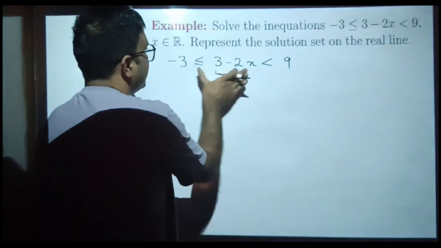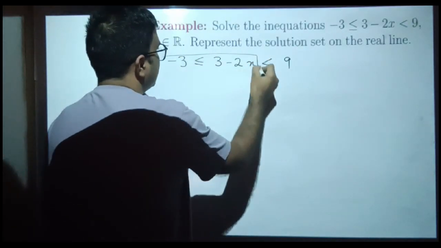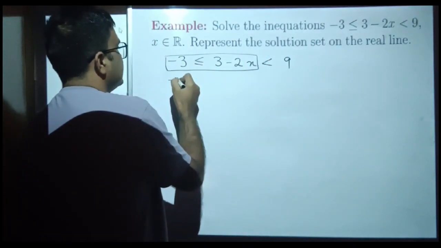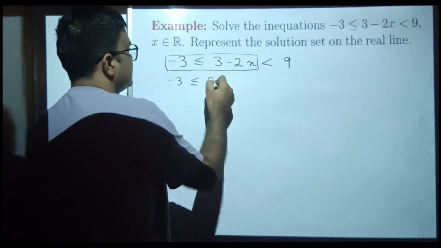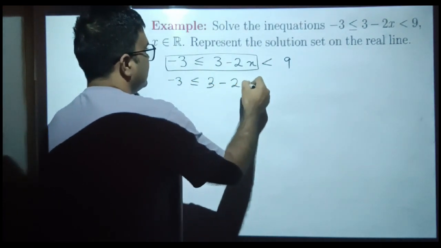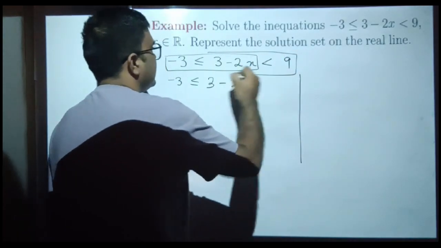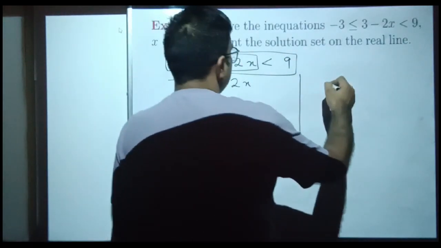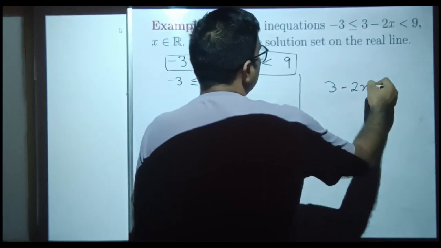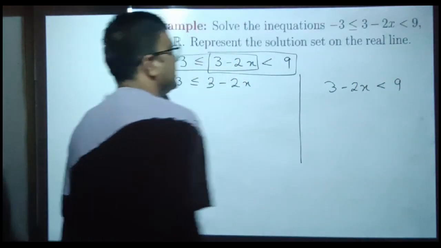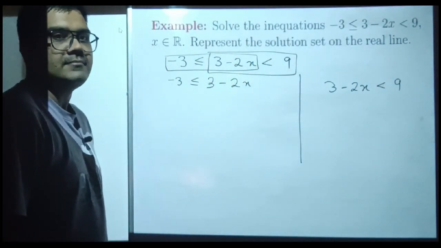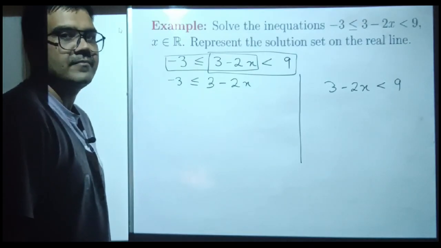We are saying consider this part only. What we get is minus 3 is less than or equal to 3 minus 2x. Now consider this part. We have 3 minus 2x is less than 9. These are the two inequations we have.